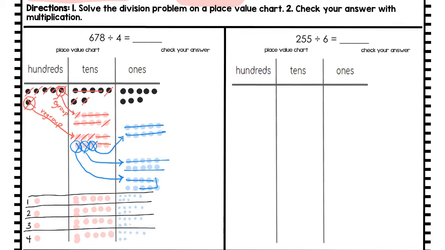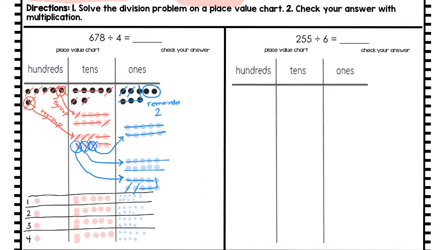I have 6 left, so I can do another group of 4. I have these 2 left over in the ones place. Those are called remainders. So I have a remainder of 2.